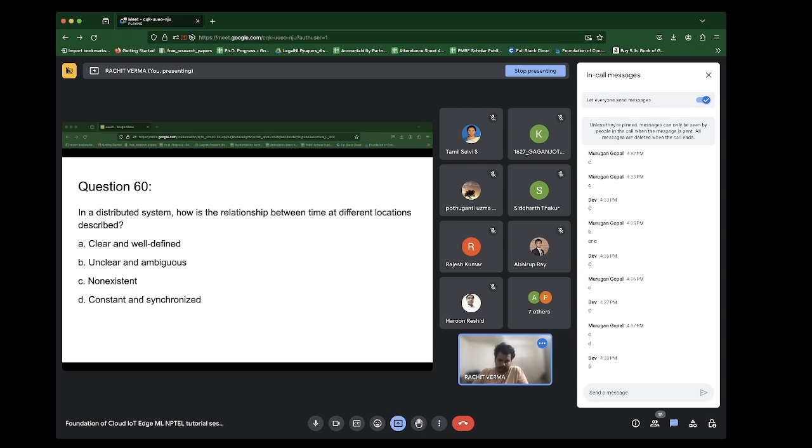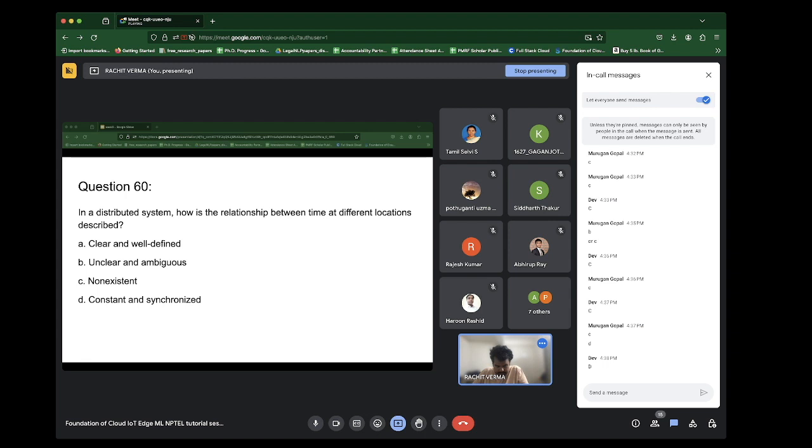So in that sense, there is no guarantee that their clocks are running at the same time, or that their clocks are running at different times. We don't know how much difference there is in the timings. We don't know the difference in the clock frequencies of both the devices.